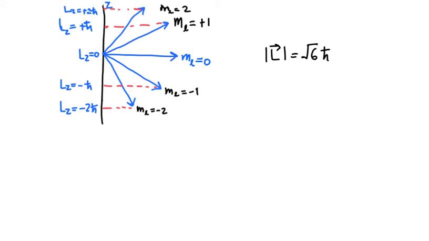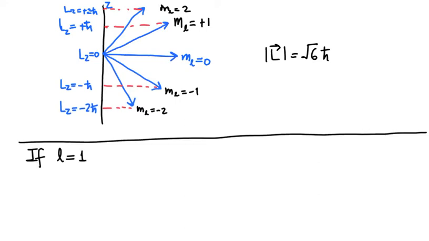Similarly, you can solve this for any value of l. For example, if l is now given as 1, there are 3 possible values of m_l. m_l can be minus 1, 0, or 1. Corresponding z components are minus h bar, 0, and h bar.